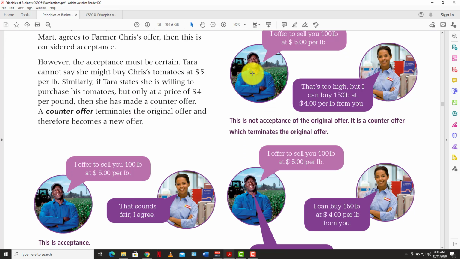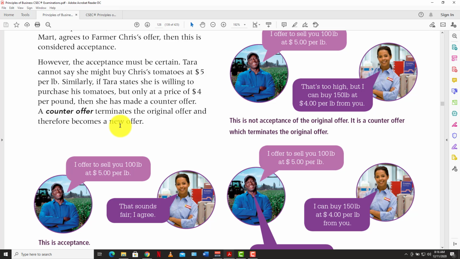And so you see the example that I depict right here. This is the offerer. He made an offer of $5 per pound to the offeree, and the offeree decided that is too high, so the offeree made a counter offer to the offerer. So a counter offer terminates the original offer and therefore becomes the new offer, and it comes from the offeree.